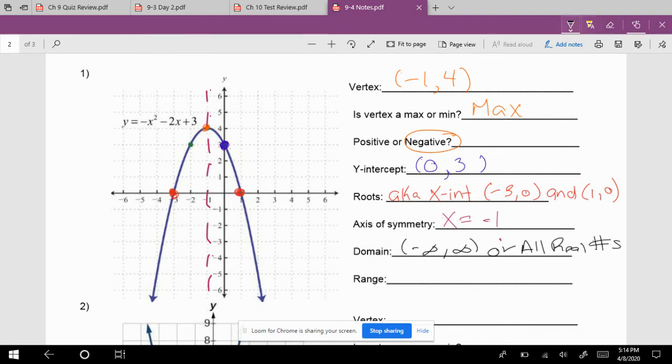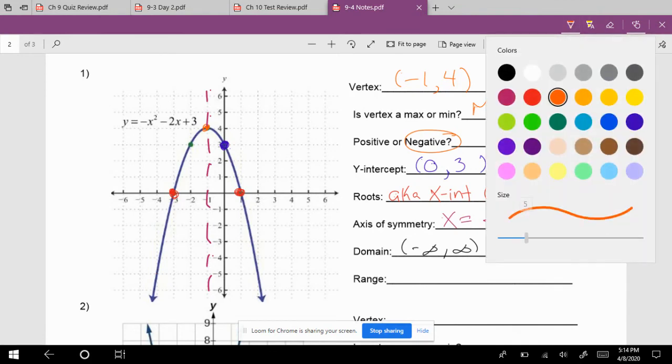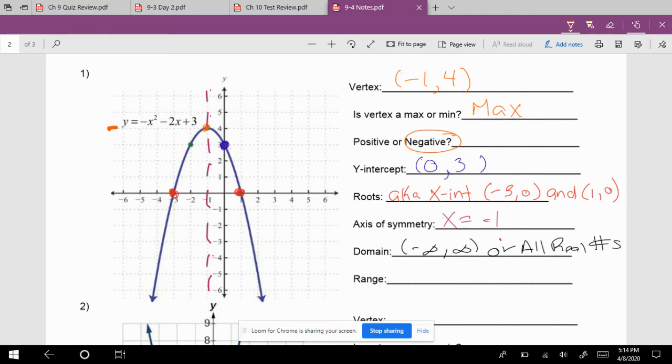Now for your range, I have a maximum. I'm not going to go any higher than that line right there, and I'm only going down from there. Which means I use all y values less than or equal to, in this case, 4.